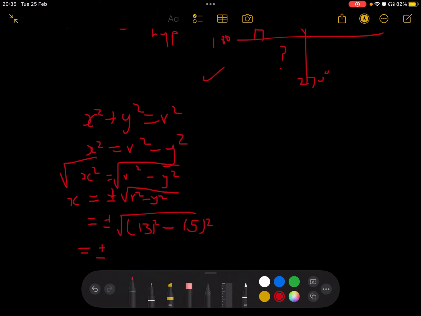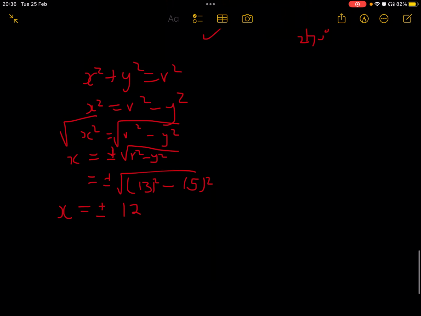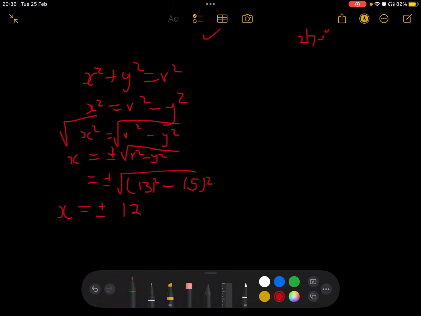I know they said without using a calculator, but to make things faster you can take the square root of 13 squared minus 5 squared, because time is something you want to save on paper too. Then it's plus or minus 12. Now we are in the second quadrant, and the x value should be negative, so x is equal to negative 12.